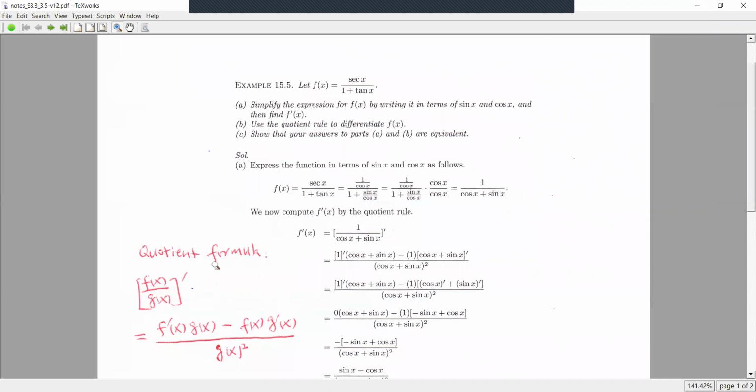By the quotient formula, this derivative is the derivative of the numerator times the denominator minus the numerator times the derivative of the denominator, then all divided by the square of the denominator. For this derivative, we can apply the summation formula. This derivative is the derivative of cosine plus the derivative of sine.